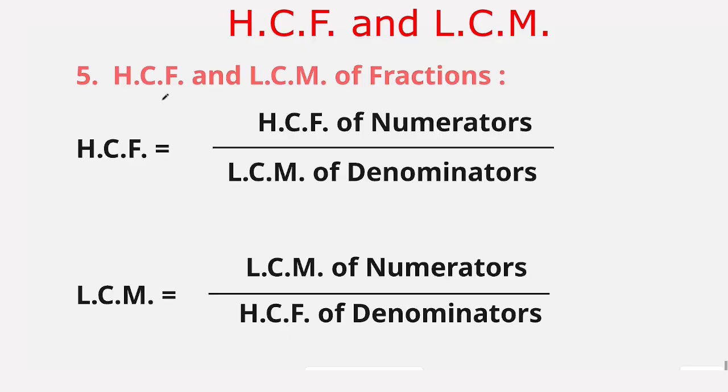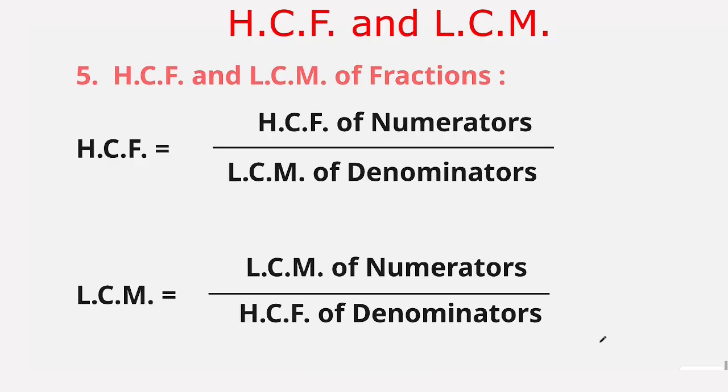Point 5. HCF and LCM of fractions. HCF equals HCF of numerators upon LCM of denominators, and LCM of the fractions is equal to LCM of numerators upon HCF of denominators.